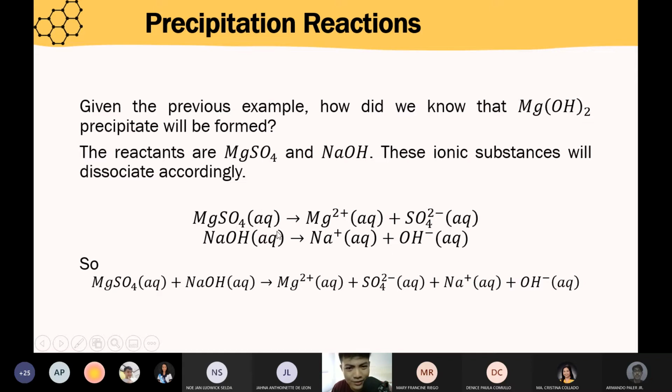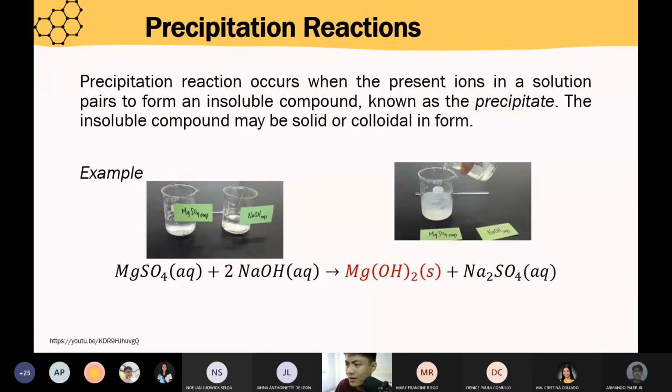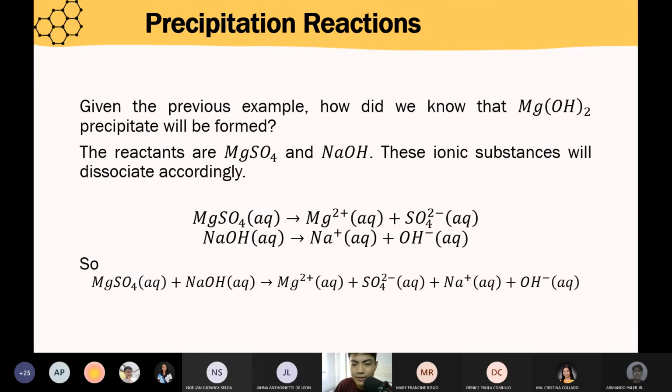So in the context of the previous picture, we have our magnesium sulfate and sodium hydroxide producing these products. Ano muna gagawin mo? So the first step always in a precipitation reaction is to convert your ionic compounds into ions.